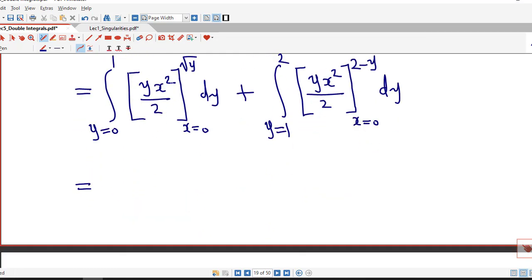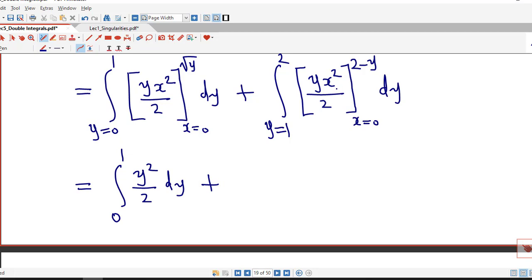So now first we put x equal to square root of y, so that is x square is y, so this is going to be y square by 2 and the lower limit is 0, so we have only y square by 2, y is from 0 to 1.